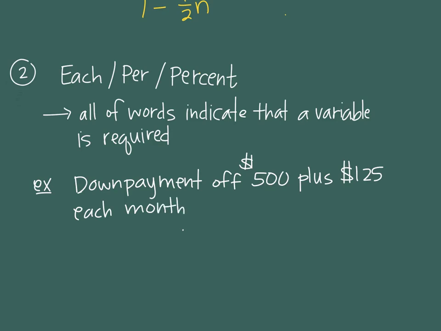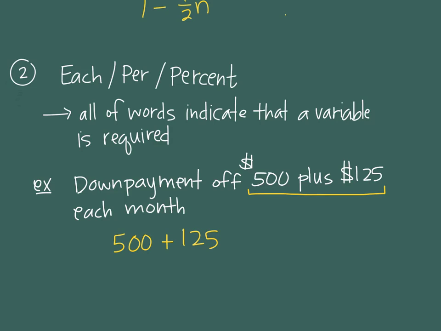All right, so then how do you make that into a math expression? Sometimes people will say, oh, 500 plus 125, and then they stop. Like, sweet, 625, awesome. That's not the end. It's not just 500 plus 125.